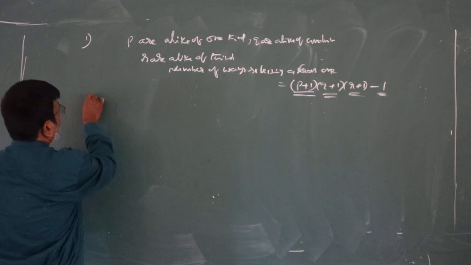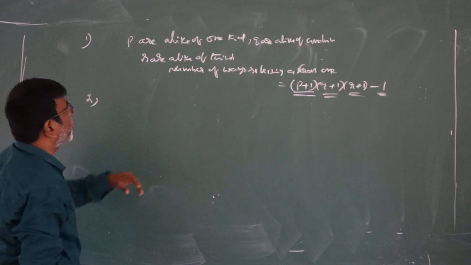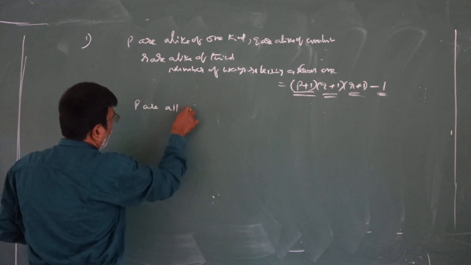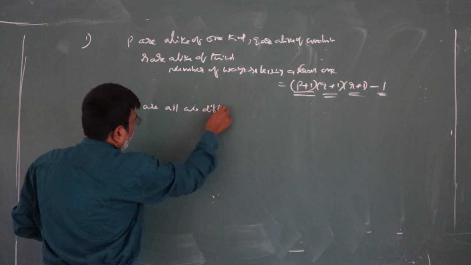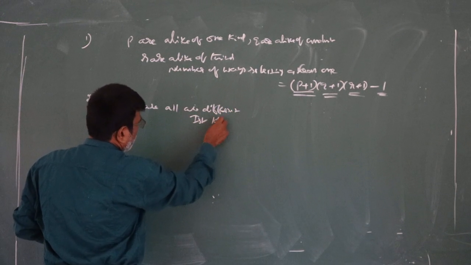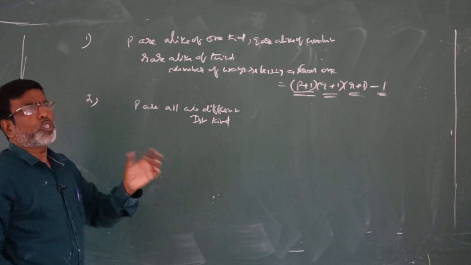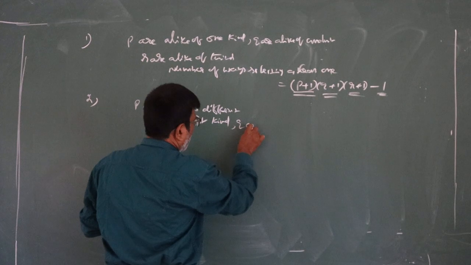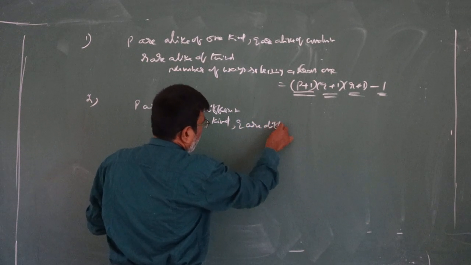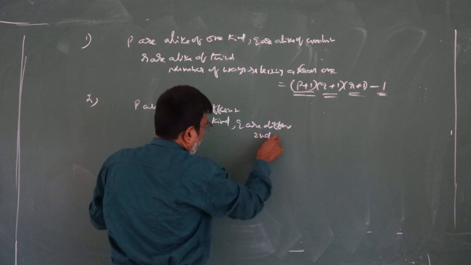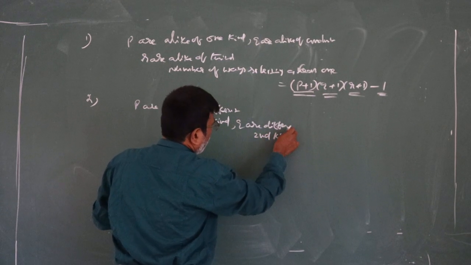Suppose, in the second case, P things are all different, the first kind. For example, there are 10 different books. Q things are different, the second kind, which is very important.